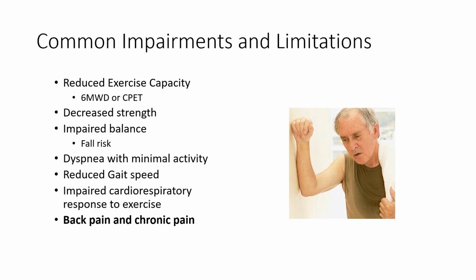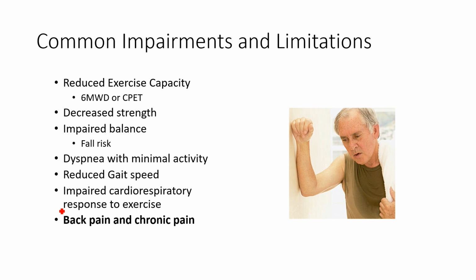So, common impairments. We talked about physiological or disease-level changes. Now let's get into functional limitations and impairments. This is really what we work with and assess as PTs. We often see reduced exercise capacity, which could be assessed on a 6-minute walk test or cardiopulmonary exercise test.